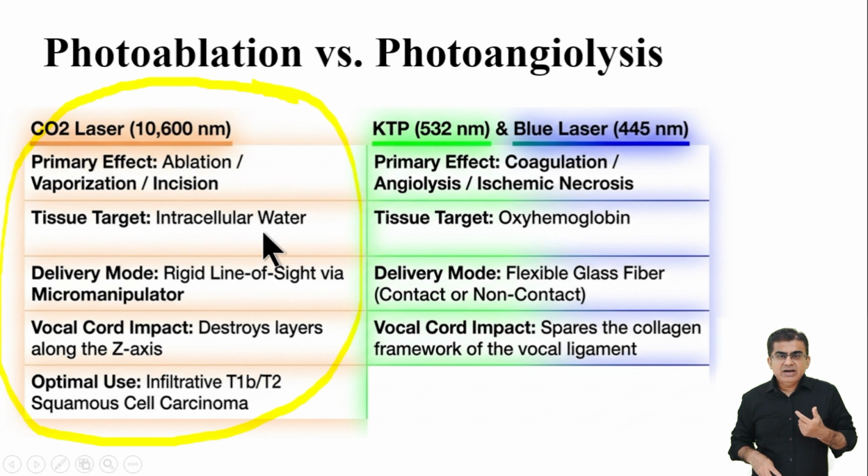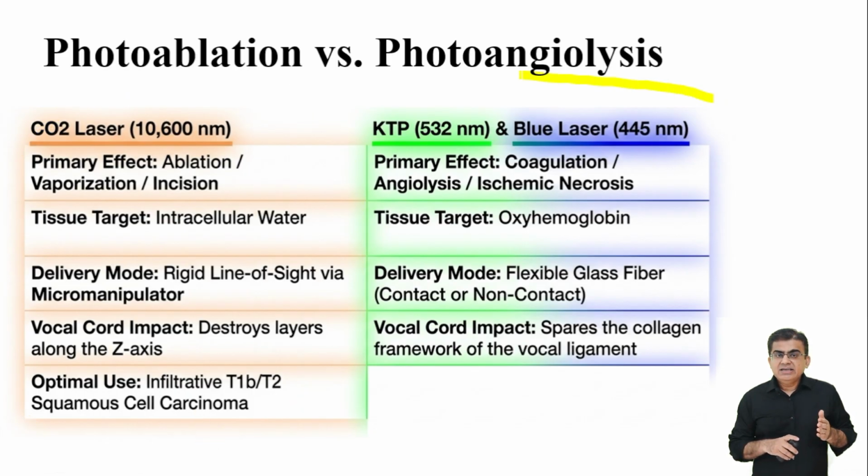However, it strictly requires a rigid, straight line of sight delivery using a heavy micromanipulator. More importantly, it destroys the delicate vocal cord layers straight down along the deep Z-axis. Therefore, we optimally reserve the carbon dioxide laser for deeper infiltrative T1b and T2 squamous cell carcinoma.